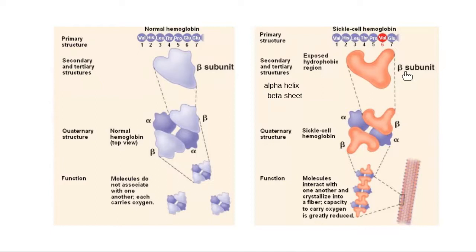So I put these beta subunits together with the alpha subunits, and they've got these parts sticking out that are hydrophobic. They can't even with water. So instead of floating around and being happy by themselves like normal hemoglobin proteins, these sickle cell hemoglobin proteins end up attaching to each other, because you've got a hydrophobic region here and I've got one here.